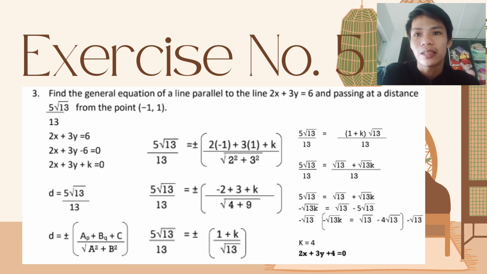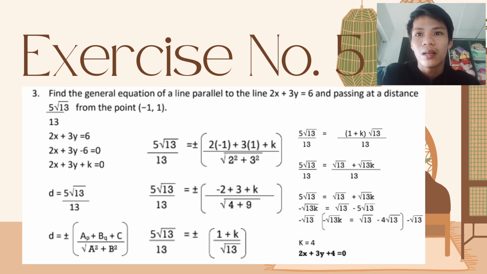So, dito natin siya lalagay. 5 square root of 13 over 13 is equal to plus or minus, yung Ap natin is 2 times negative 1 plus yung Bq natin is 3 times 1. Then, yung C natin is yung k.